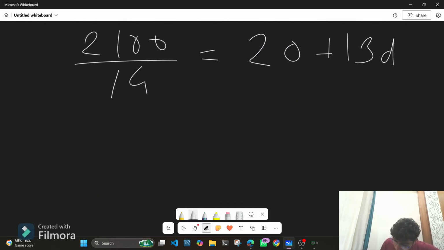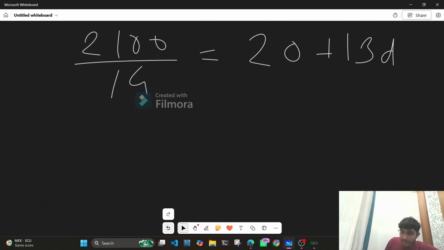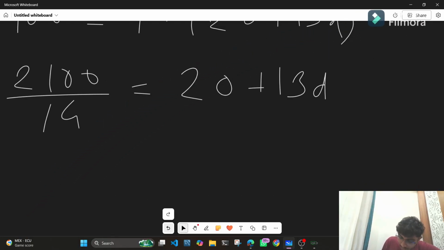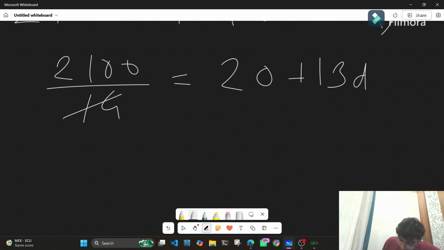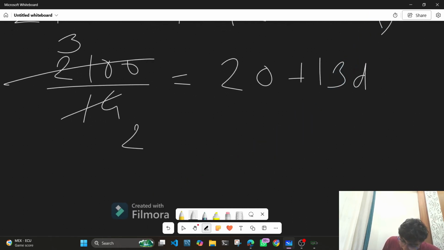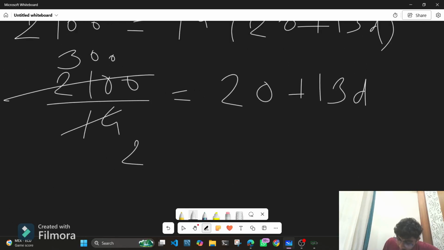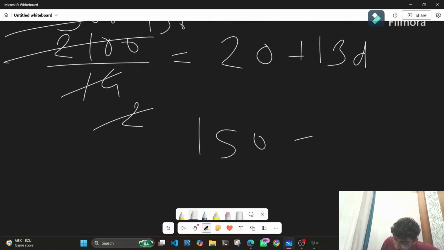If I divide by 7, 7 threes are 21, so I get 300, and 2 ones are 2, 150. So 150 is equal to 20 plus 13d.